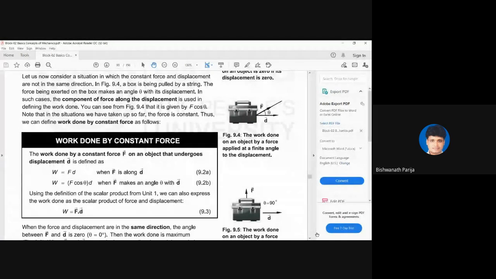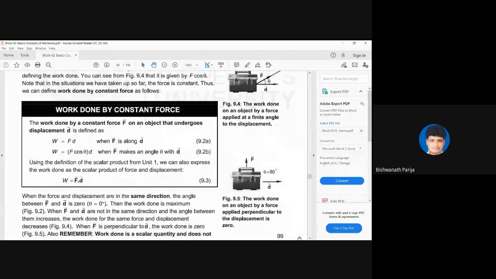That means force and displacement are in the same direction. If there is a certain angle between the applied force and displacement, then the formula will be F d cos theta. So work done equals F dot displacement. Everyone clear? Yes, sir.